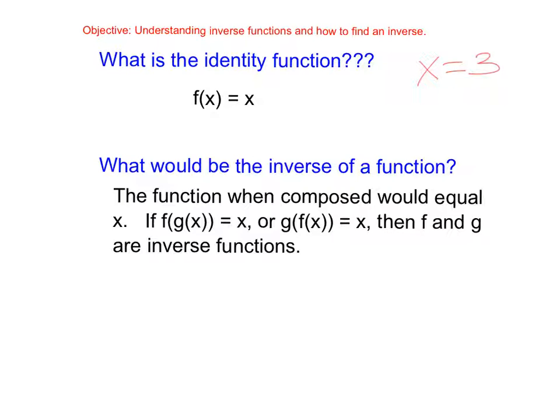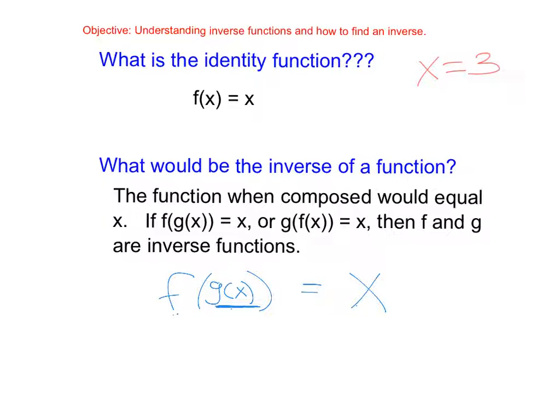When I plug into a function, I get x. So when f of something equals x, I want to know what I can plug into f of x to bring me to x. f and g are inverses if when we do their composition, we get x out of it.